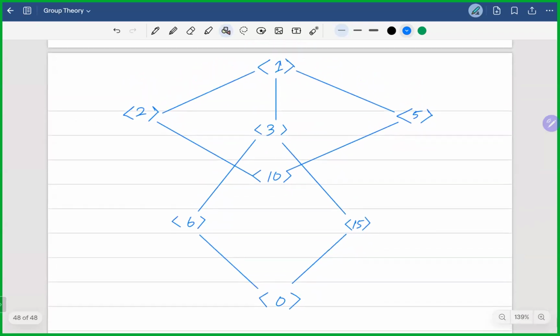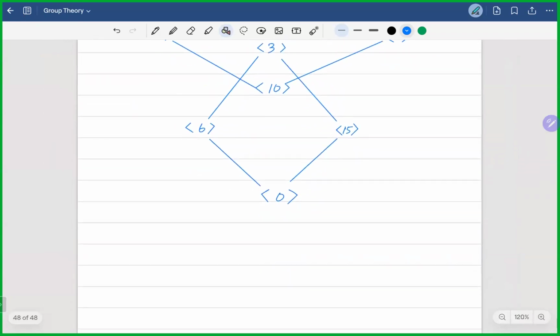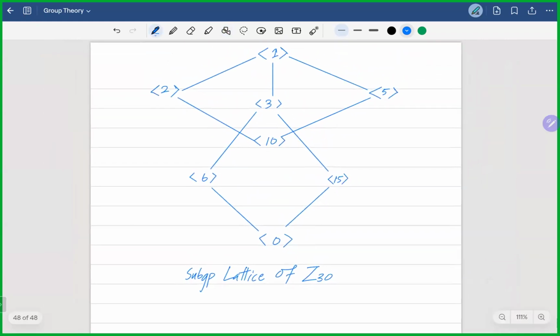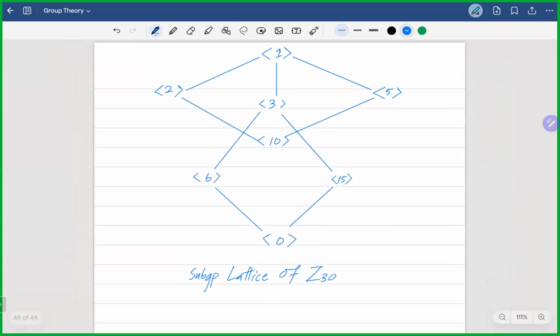And 1 contains everything. So this is a subgroup lattice of Z30. Okay.